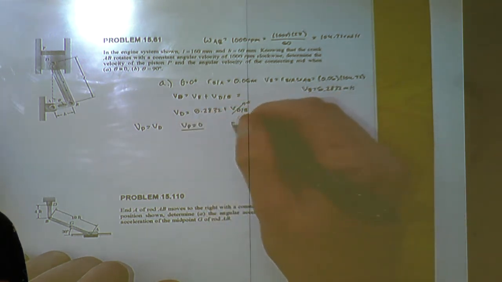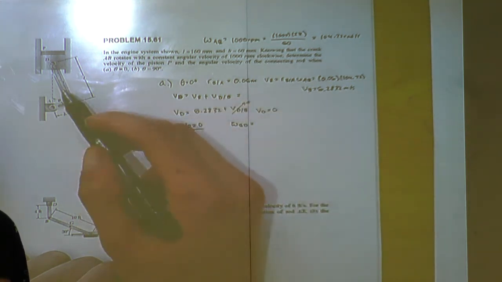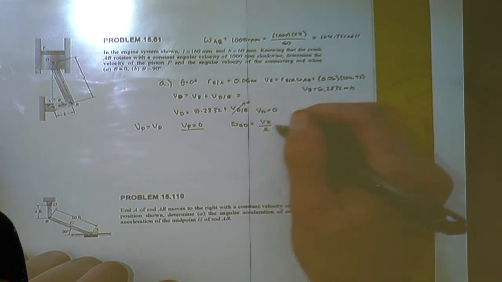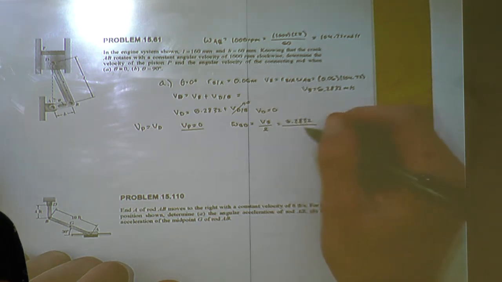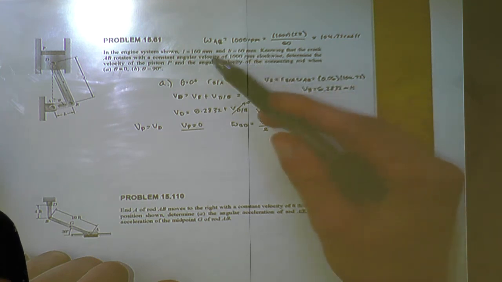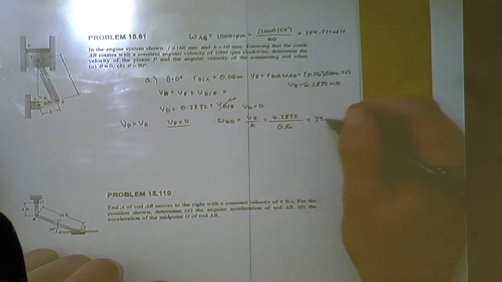And the angular velocity of BD is vB over the length of that rod. So we have 6.2832 divided by 0.16 for 160 millimeters. And that gives us 39.3 radians per second.